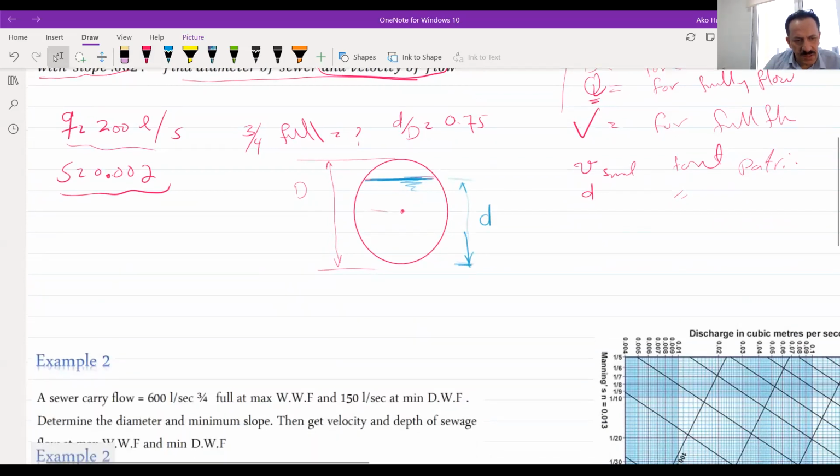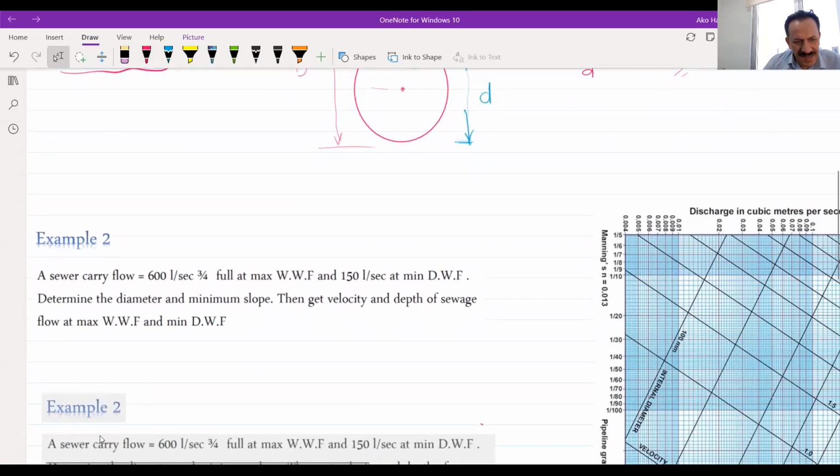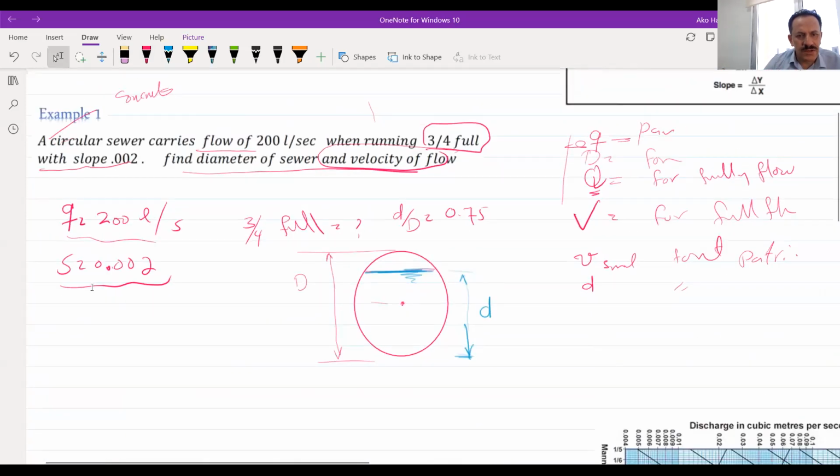But I want you to try to learn how to use the nomograph. Now, how to find the diameter? To find the diameter, you have to have capital Q and one of those things, S, for example.